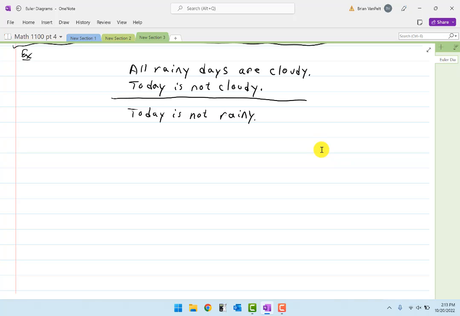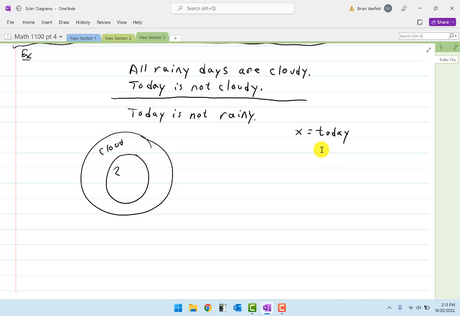So today is sort of interesting. We can let X equal today. And the first line says all rainy days are cloudy. That means we have clouds, and then we have rainy inside of it. Because it says every rainy day is a cloudy day also. Now, let's take a look at today.